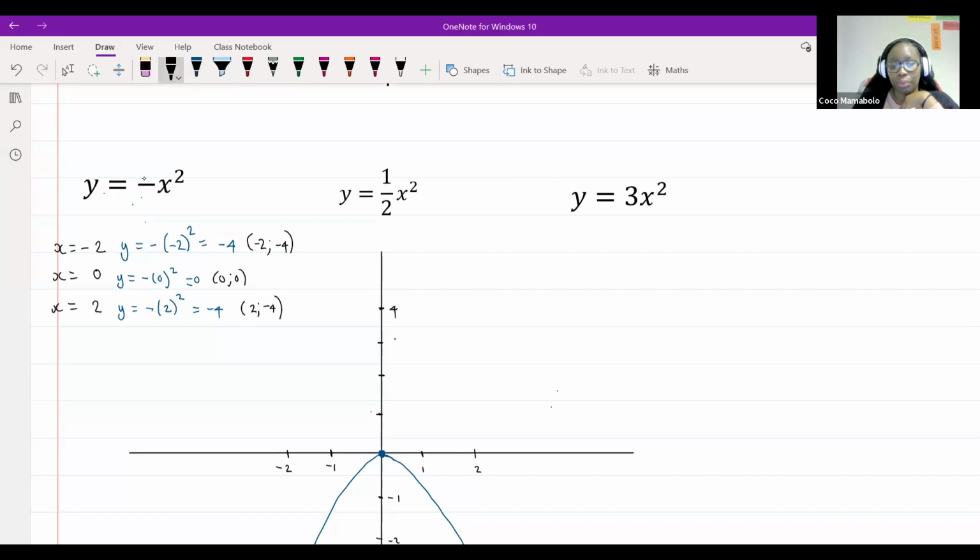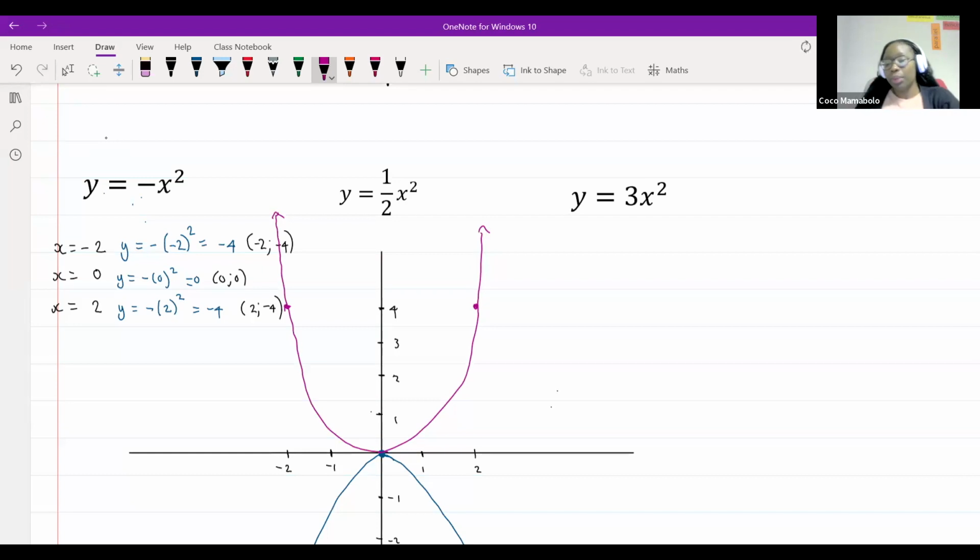I'm going to draw it in purple, through the point 2 and 4, and on the side, negative 2 and 4.